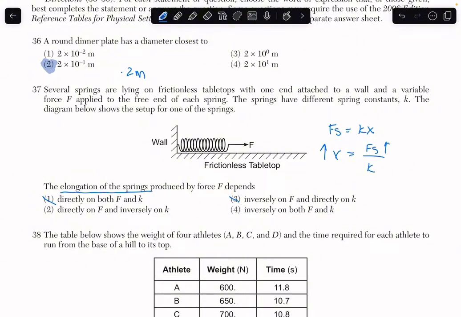So that means there is a direct relationship for the force and the spring elongation. So that means the answer is 2. There is a direct relationship for F and an inverse relationship for K.